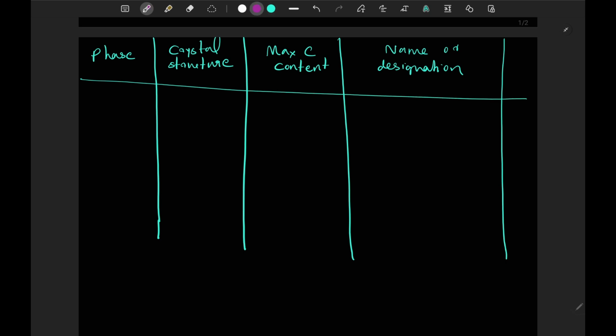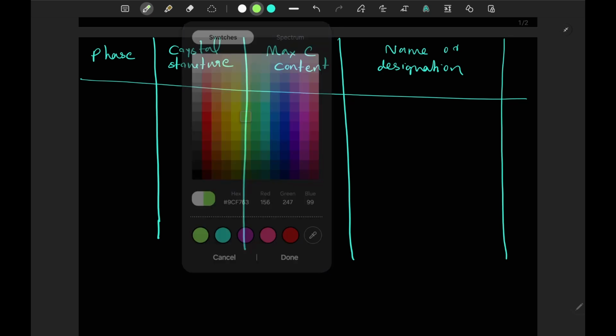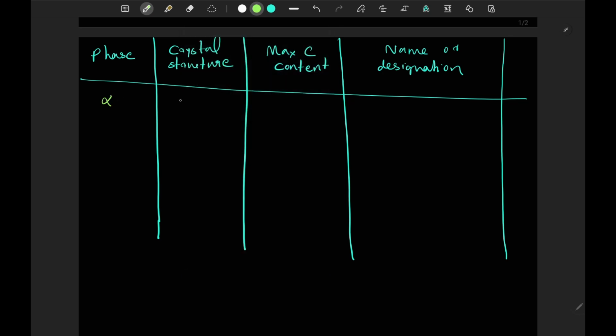So first we have the alpha phase. It has a BCC crystal structure, that is body centered cubic, maximum carbon content 0.02 at a temperature of 723 degrees Celsius, and is called as ferrite.